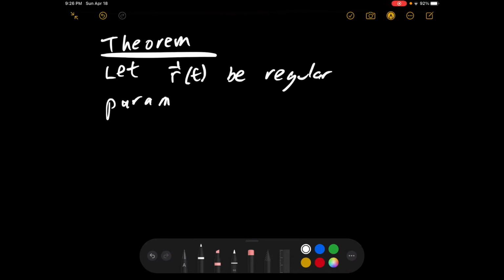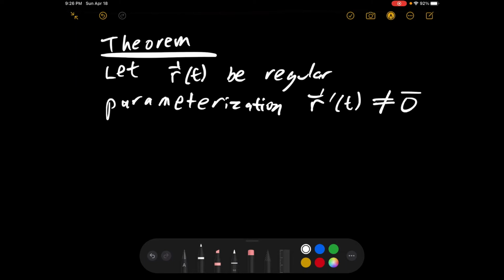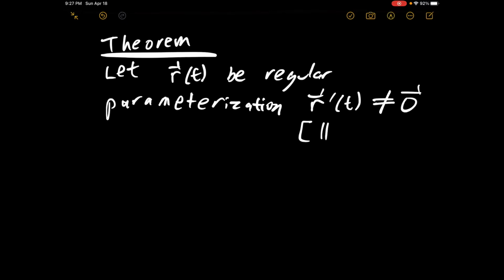The term regular parameterization is really just a fancy way of saying that r of t changes with respect to time, i.e. the speed, r prime of t, is not equal to the zero vector. Or, worded differently, the speed, or the magnitude of r prime of t, is simply not zero. That's it. Let's just assume this is true.